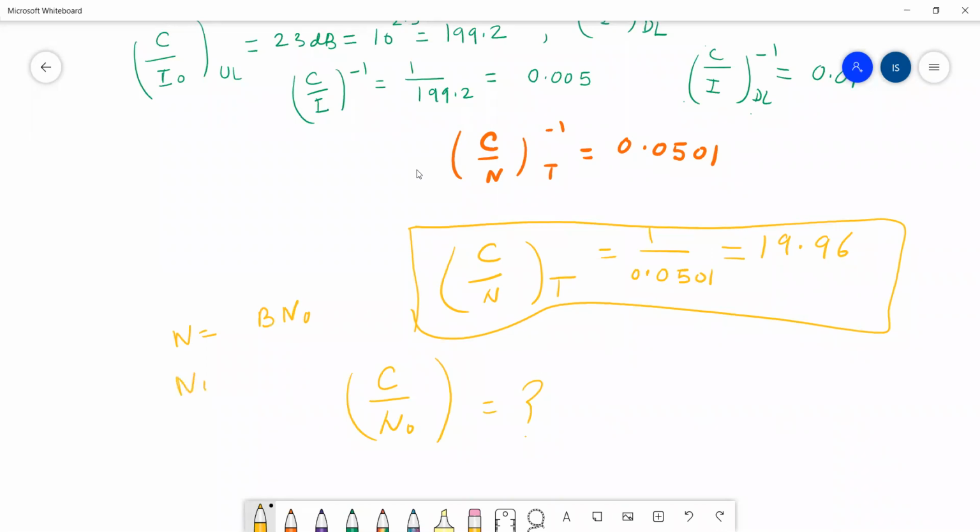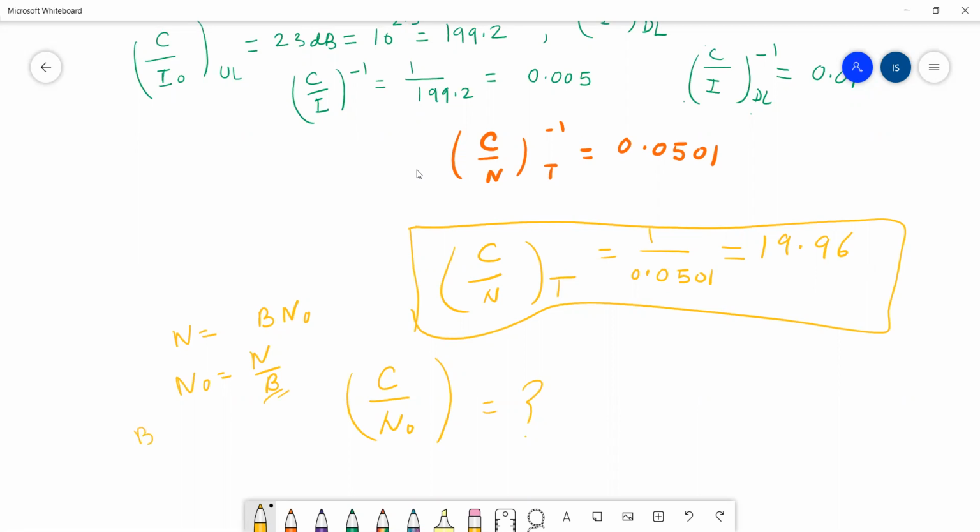So from here, N naught is equal to N by B. So to calculate C by N naught, we need bandwidth. Suppose we consider a bandwidth of 2 megahertz.